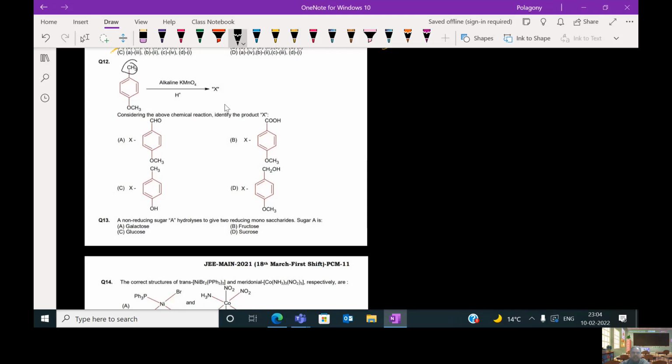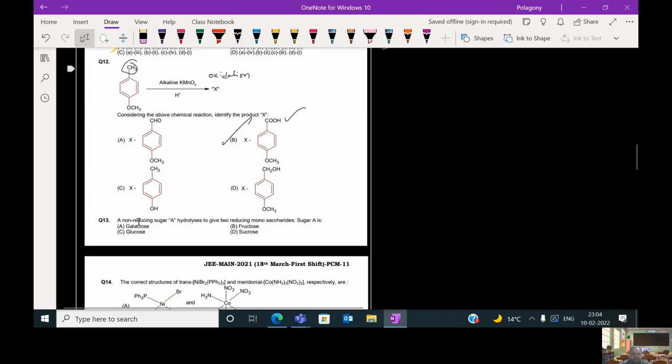This process is oxidation with alkaline KMnO4 followed by hydrolysis. The methoxy group is not affected by oxidation, only the methyl group is affected, and COOH is obtained. So B is the correct option for the 12th question.